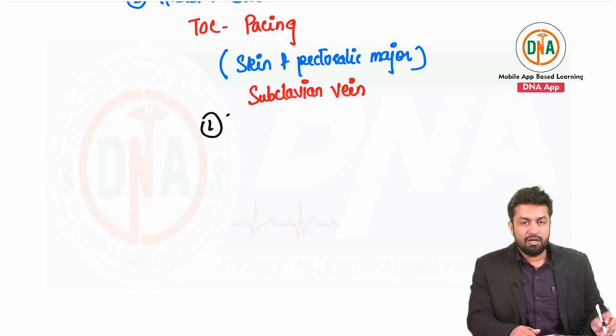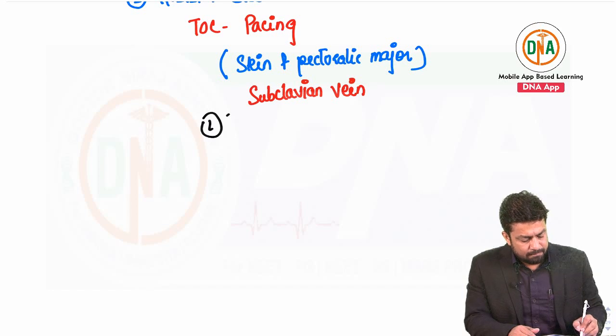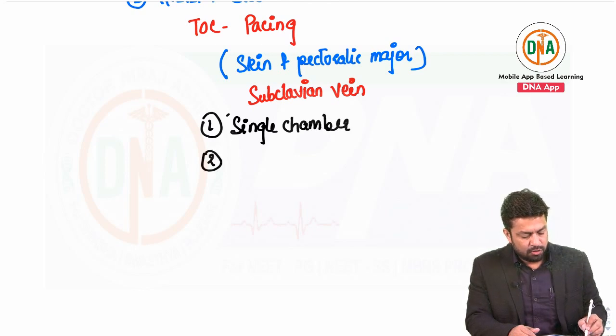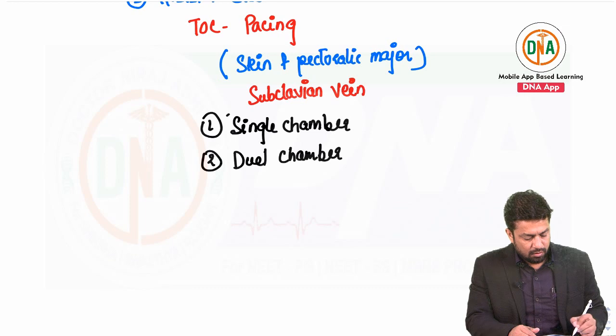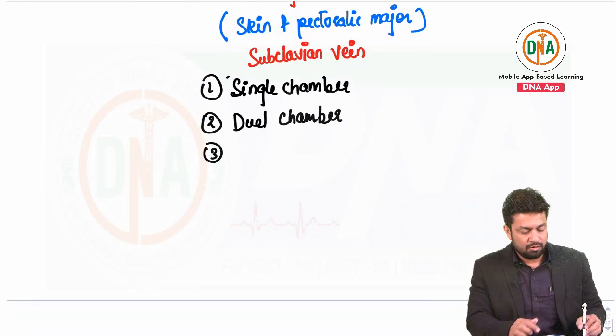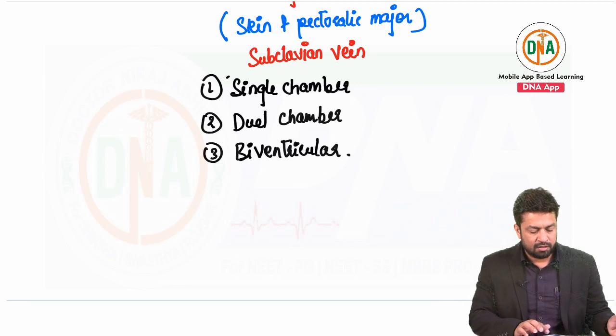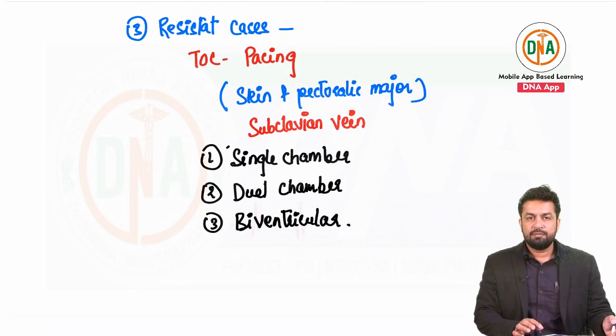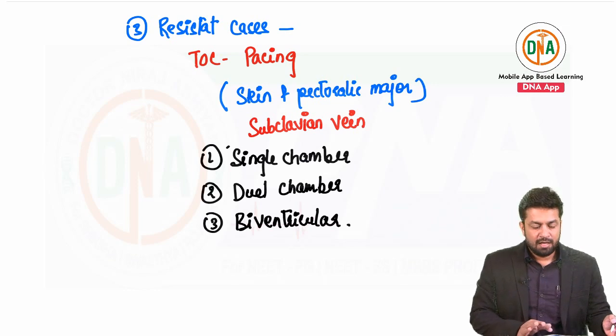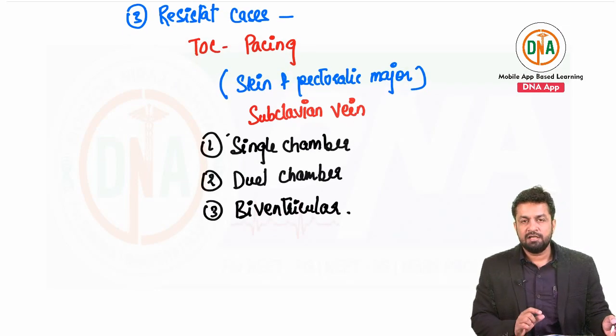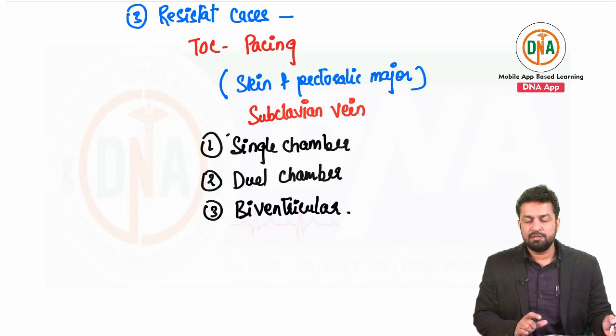Depending upon where you put the probe, the pacemakers are single chamber, or dual chamber, or biventricular. The probe for pacing is put through the subclavian vein, and the pacemaker is put beneath the skin and the pectoralis major muscle.